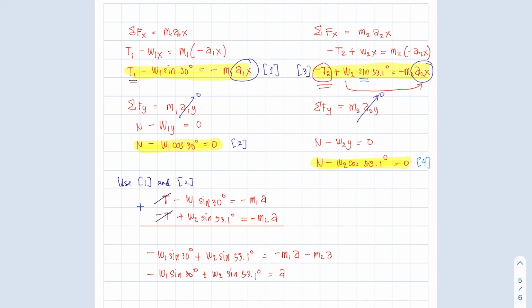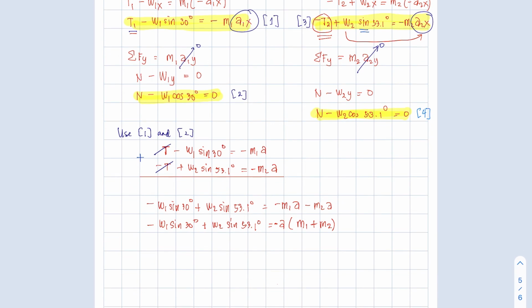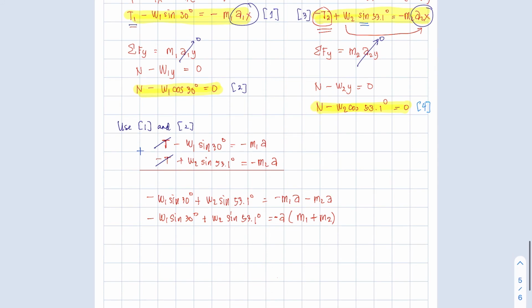And then ang gagawin ko is I will factor out A, or I will factor out negative A na lang. Negative A, para ang matira is M1 tapos plus M2. So yun yung reason kung bakit negative, na-factor ko din yung negative para positive yung M1 and M2 ko. So check daw, M1, okay, tama.